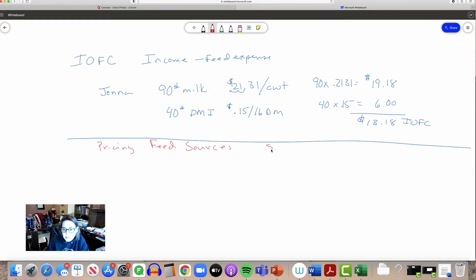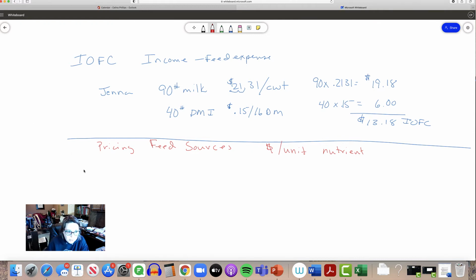We need to consider the cost per unit of nutrient. This is a big concept. When we're figuring out and pricing different sources of feed, we want to be able to make a decision based upon what we're truly after.